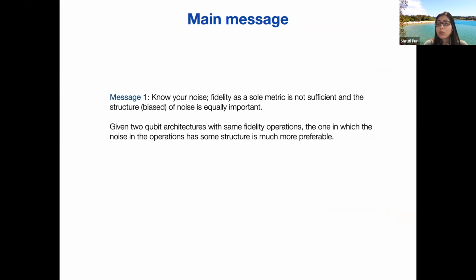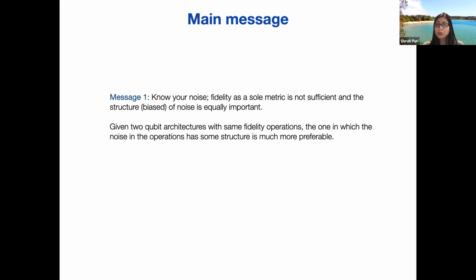Okay, so there are going to be two main messages in my talk. The first message is know your noise. For a long time, we have been using fidelity as a sole metric to characterize how good or bad your qubit is or how good or bad your gates are. However, what we have realized is that fidelity is not the only metric. The structure of the noise, or the bias in the noise, is equally important.